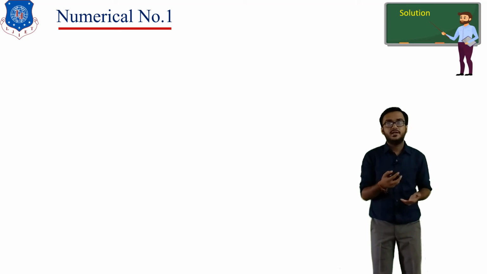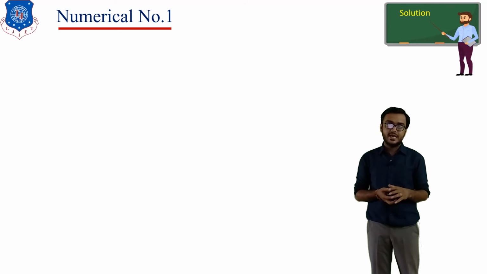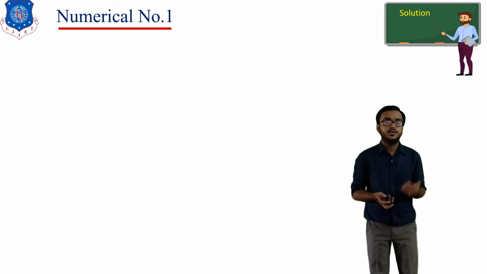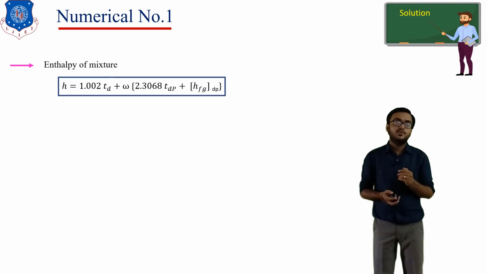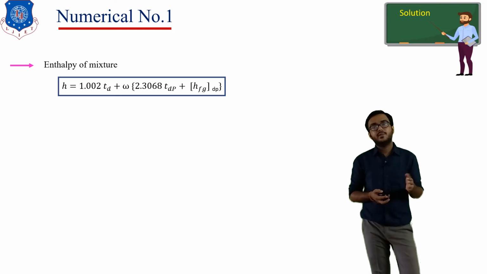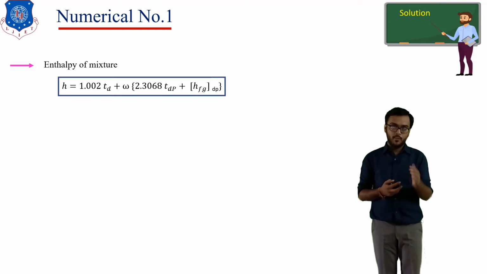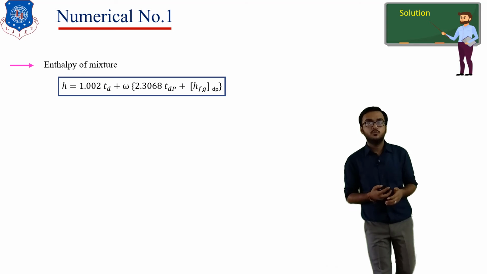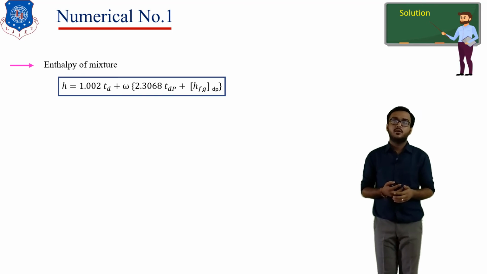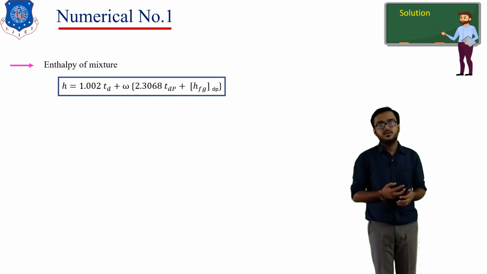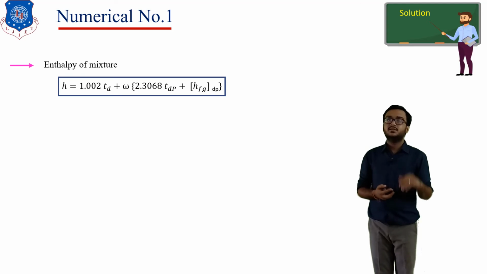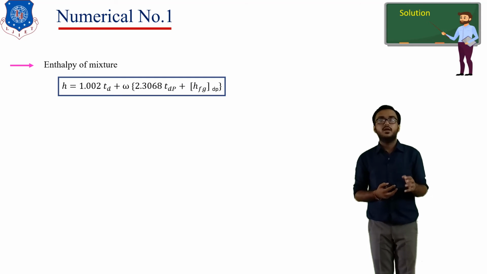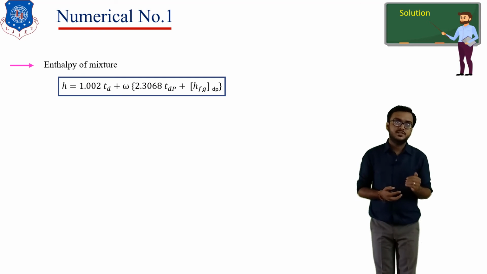If you remember, during the discussion of psychrometric terms, I derived one equation for the enthalpy: h is equal to 1.002 multiplied by dry bulb temperature plus omega into the bracket 2.3068 multiplied by dew point temperature plus hfg, that is the enthalpy at dew point temperature.